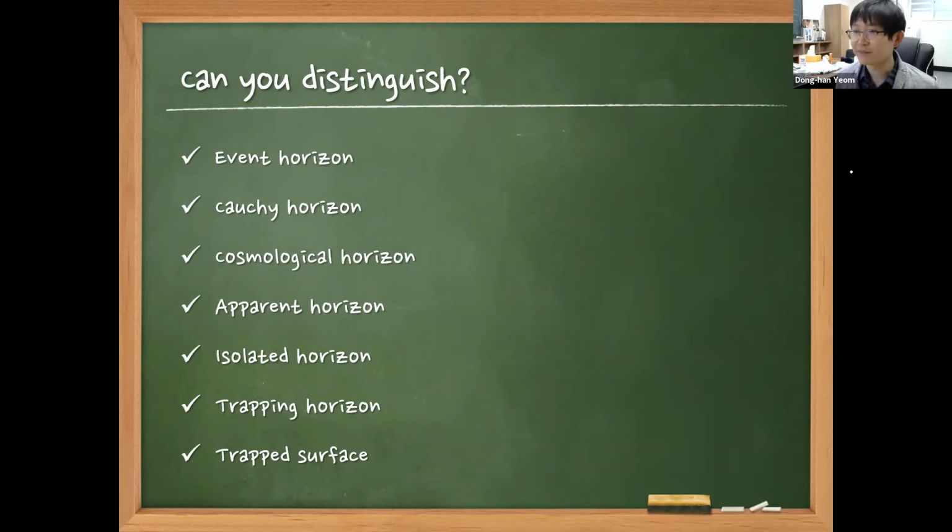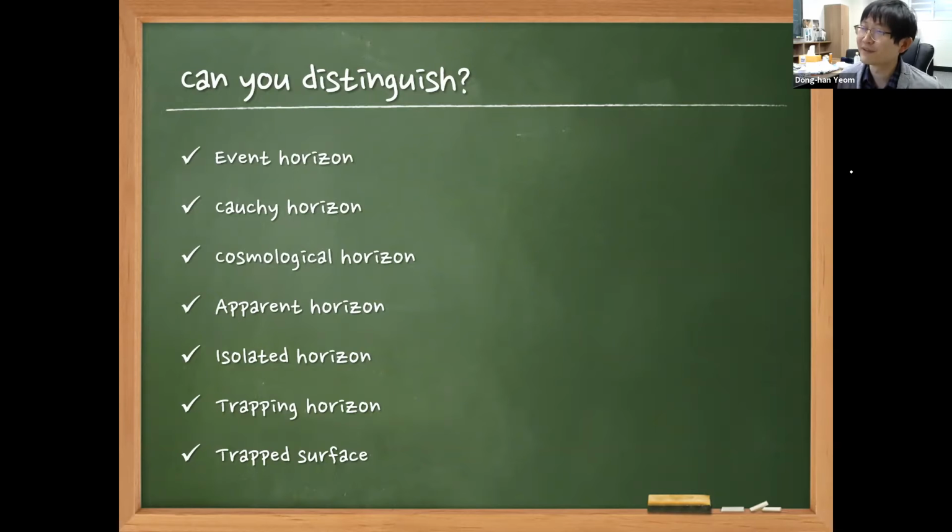In the market, there are many kinds of horizons. Can you distinguish what is what? The first one is the event horizon, the second one is the Cauchy horizon and the cosmological horizon, and apparent horizon, isolated horizon, trapping horizon, trapped surface, and maybe I omitted some other horizons, for example, dynamical horizons or whatever.